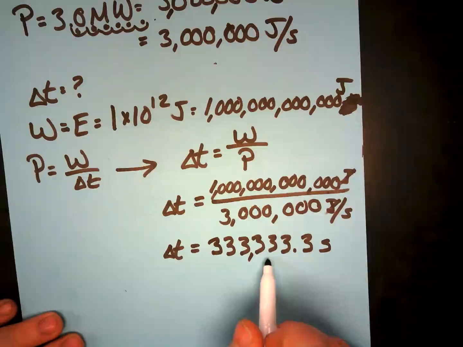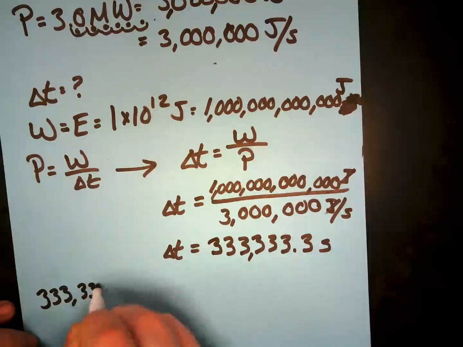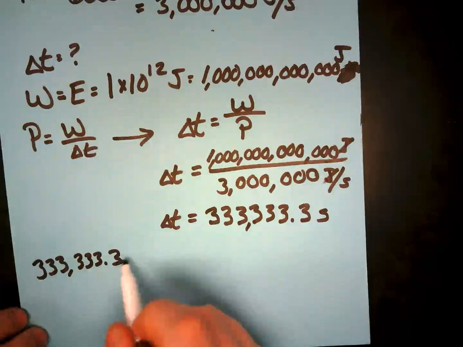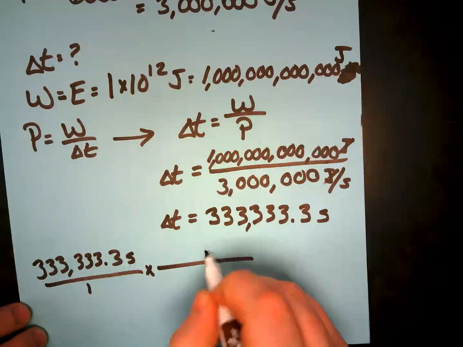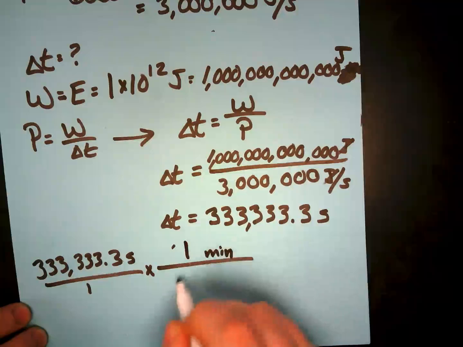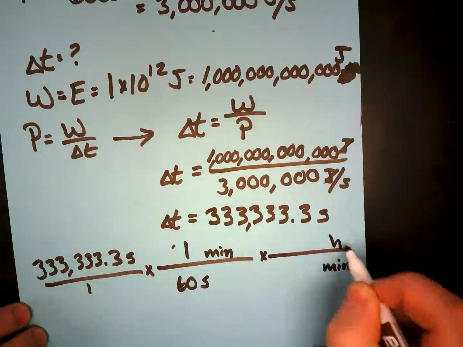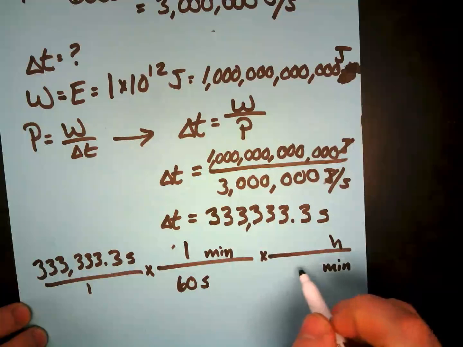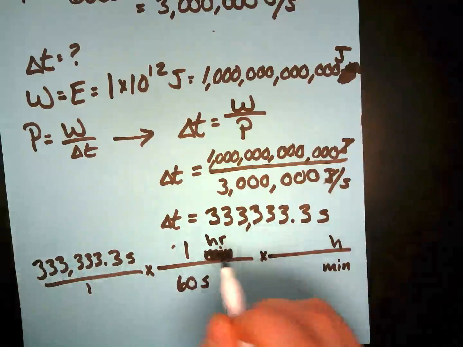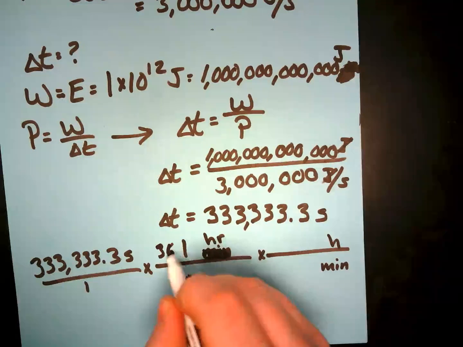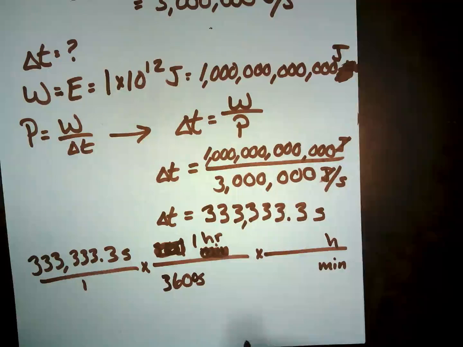So now we've got to convert this from seconds to days. Easy peasy, just some dimensional analysis here. We could first convert to minutes, with 60 seconds in 1 minute, and then minutes to hours, but actually, we'll skip this and go straight to hours. 1 hour is 3,600 seconds.